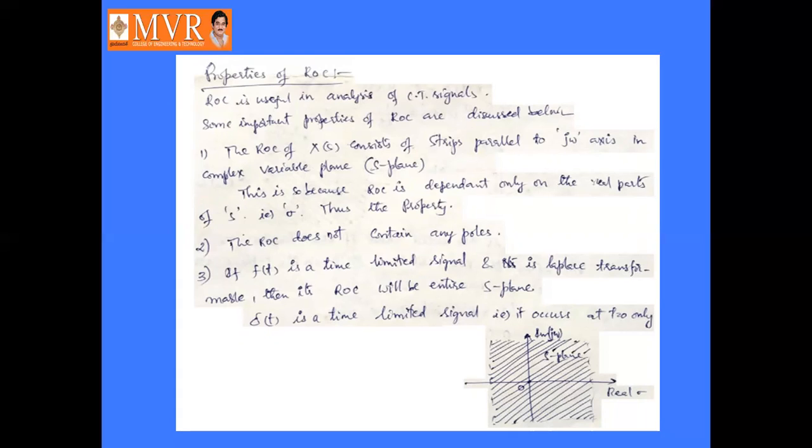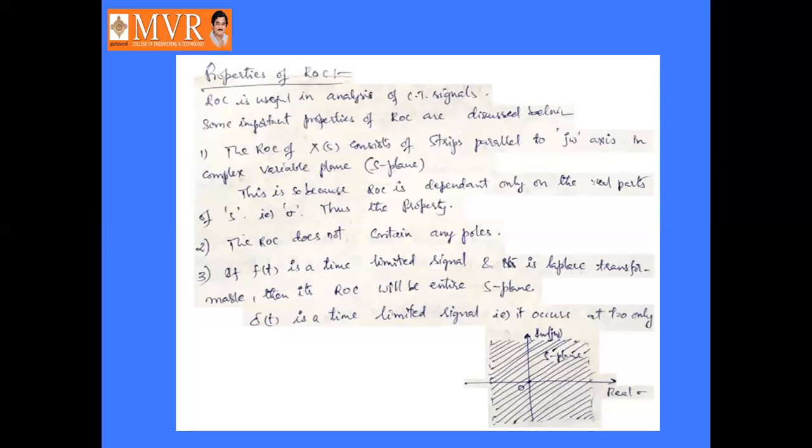The ROC of X of s consists of strips parallel to the j omega axis in the complex variable plane.